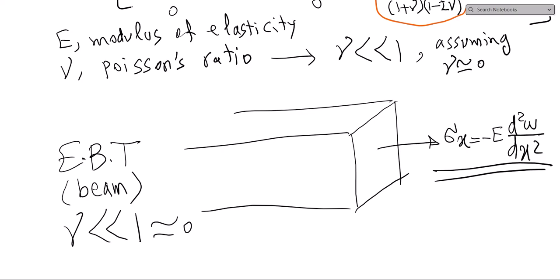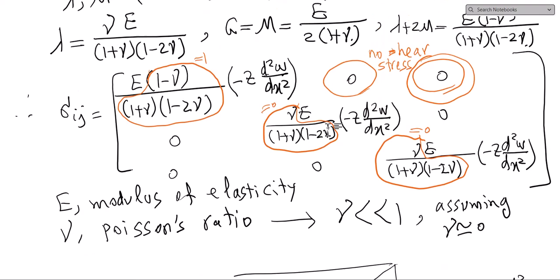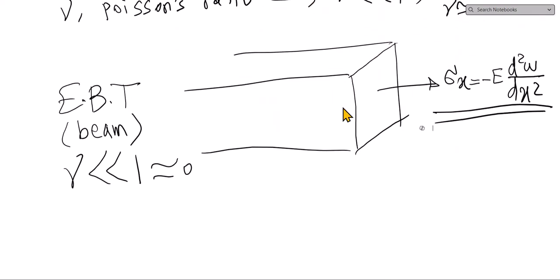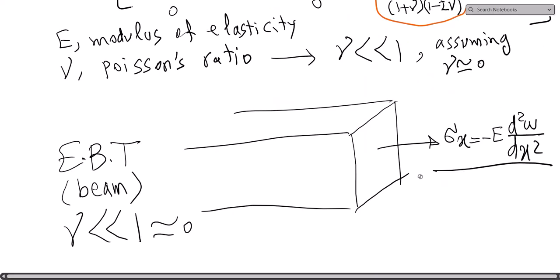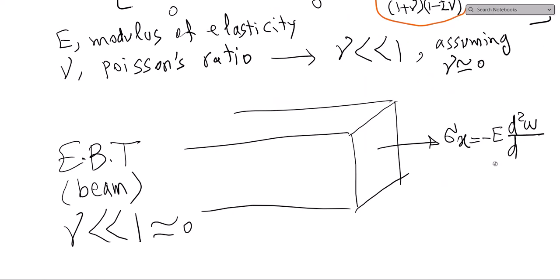Sorry, I missed a z here, so let me rewrite this: minus E z d2w dx square.